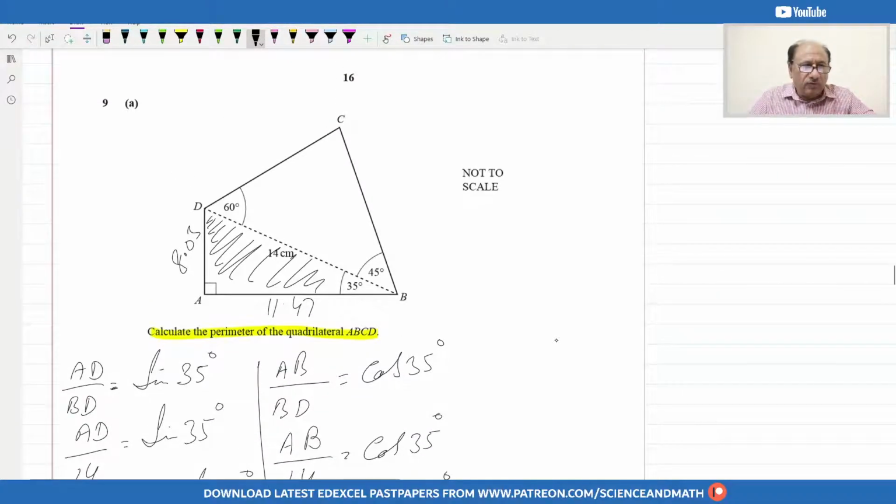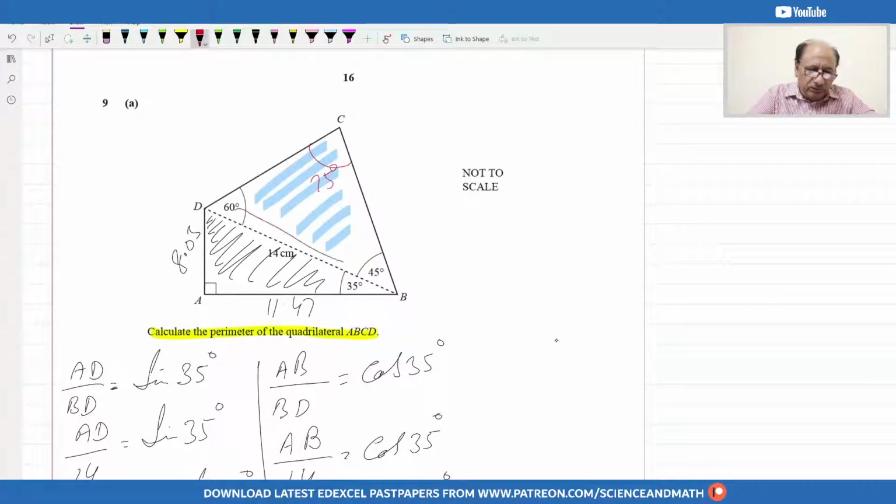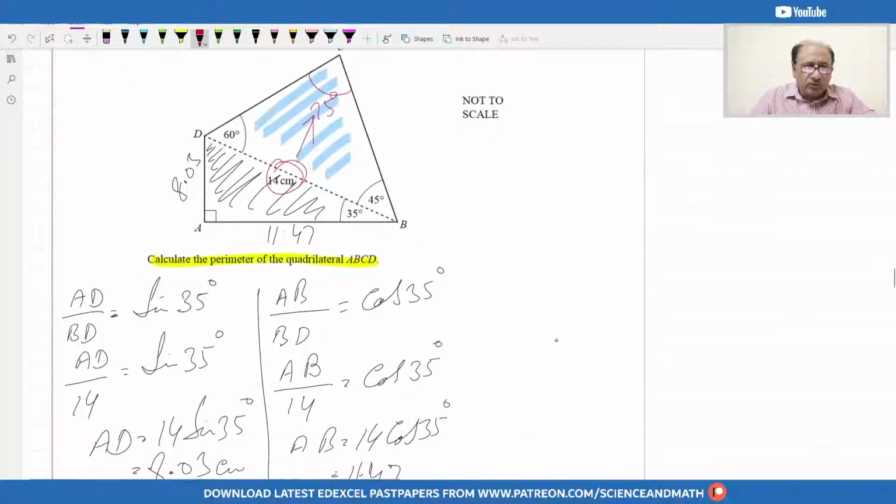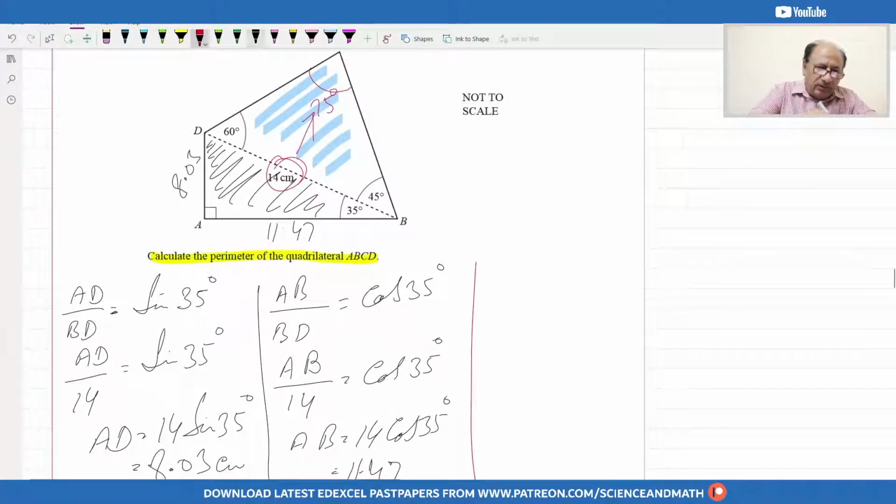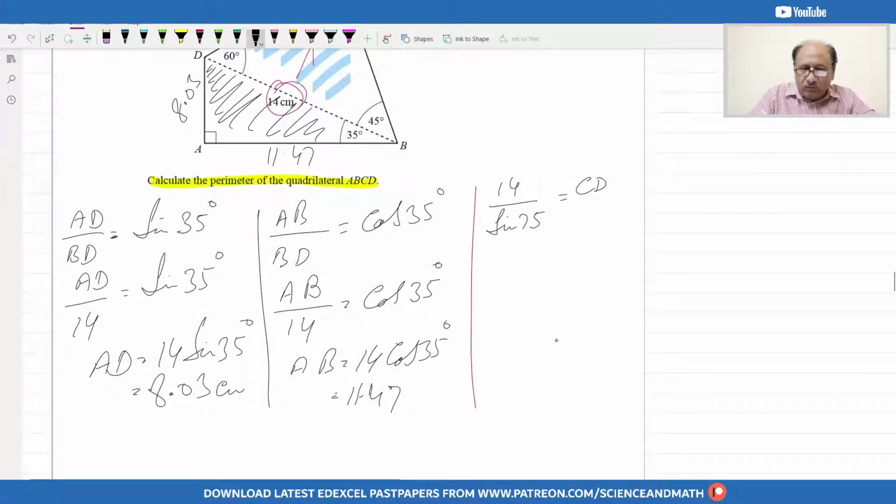Two sides we got. Now we can consider this triangle, and in this triangle we have two angles. The third angle we can also find. These two angles add up to 105, so the remaining angle will be 75. Now we can apply the sine rule. 14 centimeters divided by sine of 75 will be equal to CD over sine of 45 degrees, so CD will be equal to 14 sine 45 degrees divided by sine of 75 degrees.